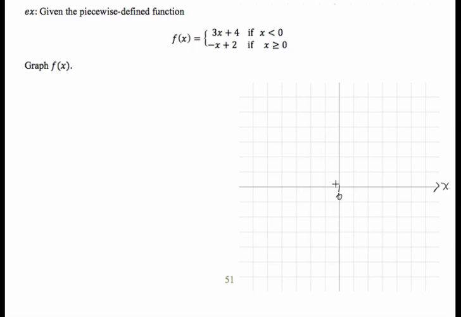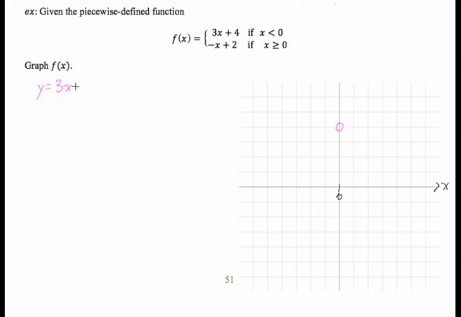3x plus 4 has a y-intercept of 4. Now I can draw it, but I must put an open circle there because it's not defined at 0. It's only defined for x less than 0. And then it has a slope of 3. Meaning, okay, we can't go up 3 over 1 because that would put us to the right side of 0. So y equals 3x plus 4 is the one I'm working with here.